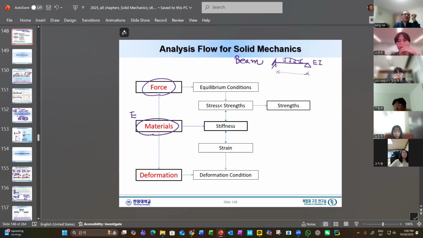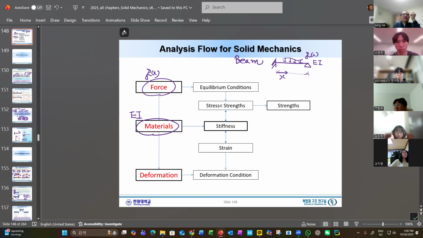I is a geometry, but characteristics-wise, this is the given bending stiffness EI, and then a force. This distributed load we call Q(x), a function of x. This will be the x. So force Q(x) will be given and applied to a beam of EI.